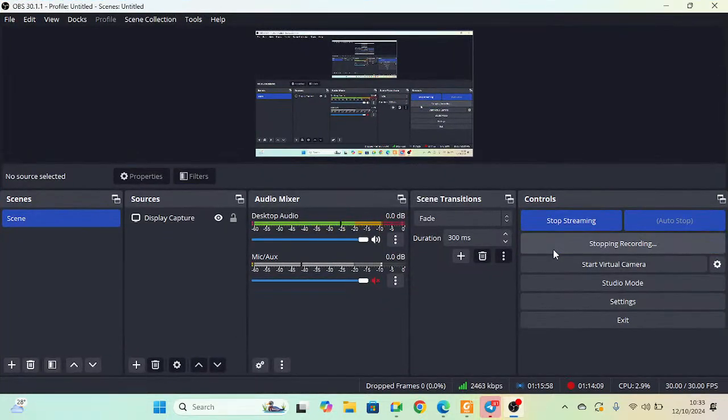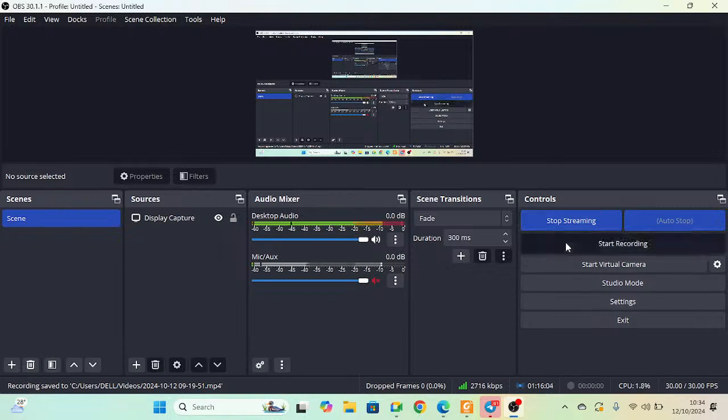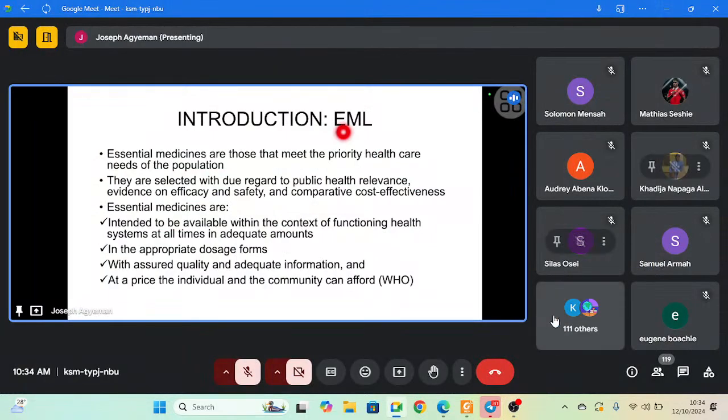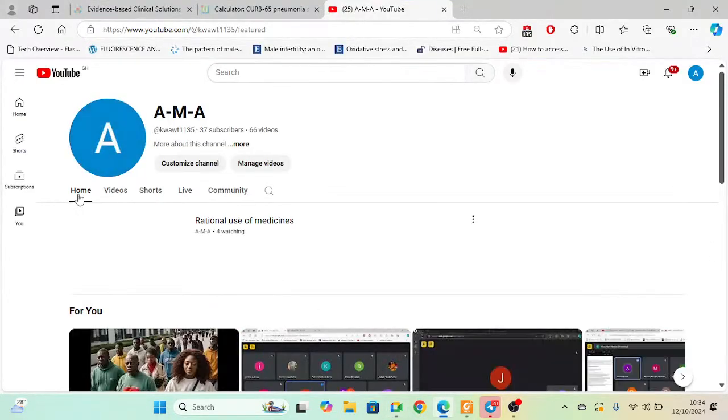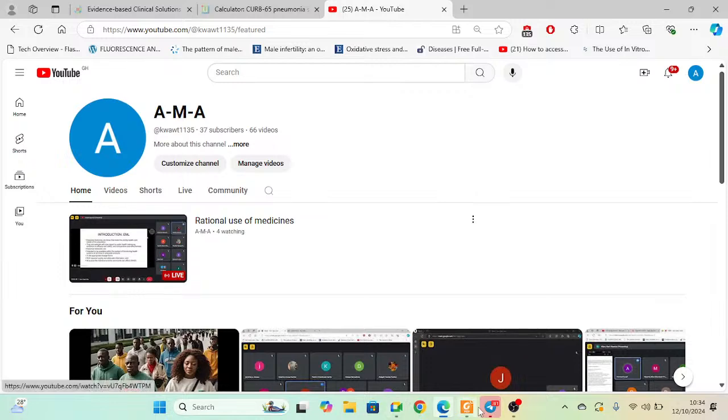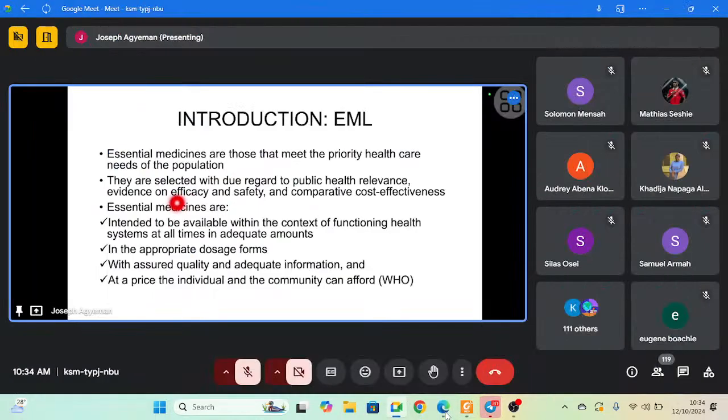Cost is also very important because it forms part of the definition of rational use of medicines. Remember, we are saying that the essential medicines list is one of the strategies that can be used to curb irrational drug use. All these are important when it comes to promoting rational drug use: efficacy, safety, and cost.